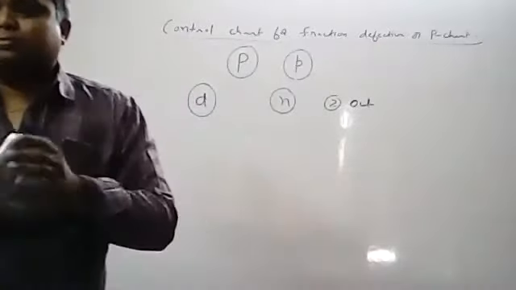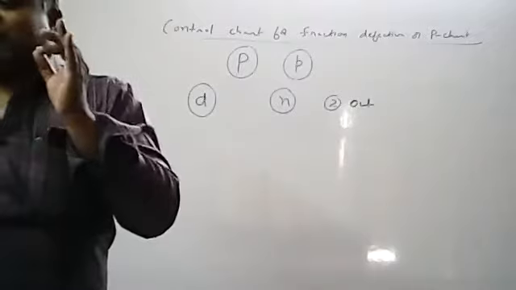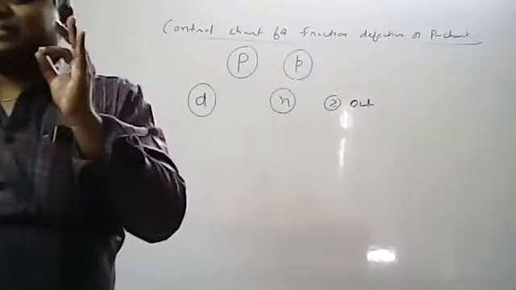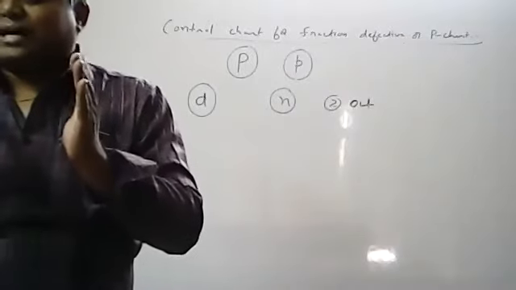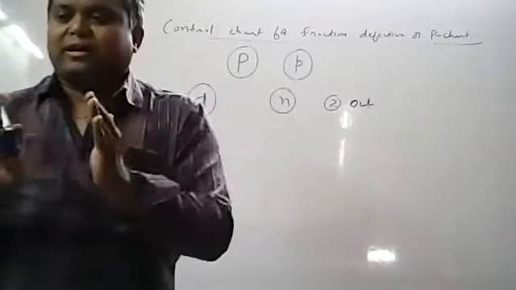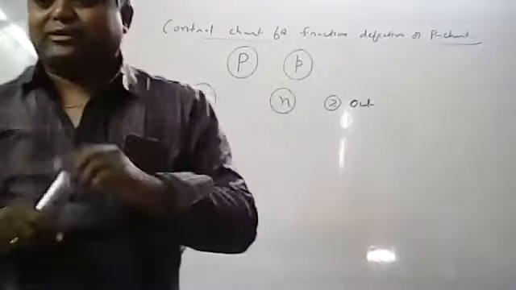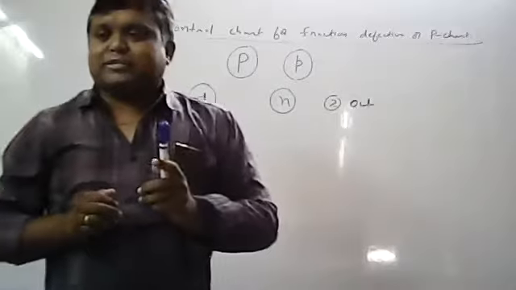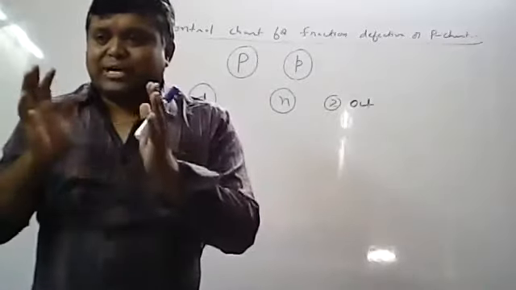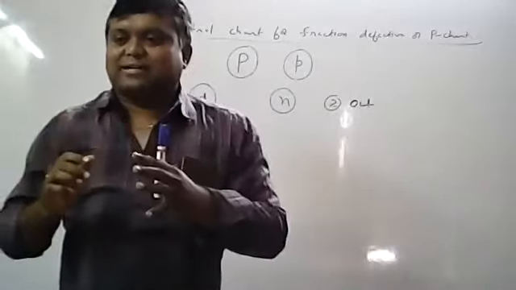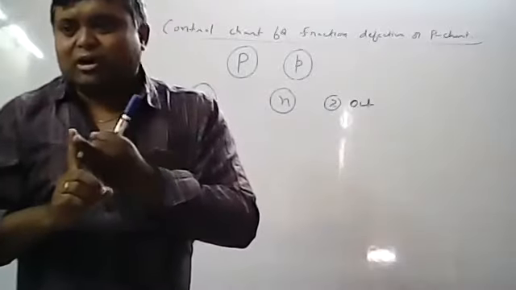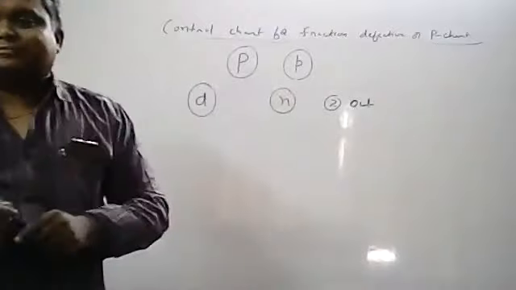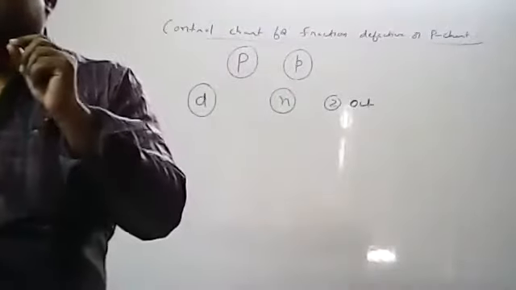P chart is called fraction defective chart. It is used when the sample unit as a whole is considered as good or bad, defective or non-defective. Then you can use control chart for fraction defective, the P chart.